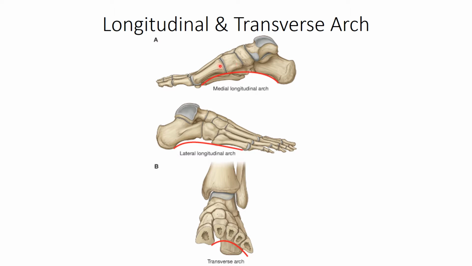Now the integrity of these arches is similar to what maintains a joint. So it depends on the contour or the shape of the bone, then the ligaments which support these arches, and also the related muscles which, because of the traction, maintain these arches.